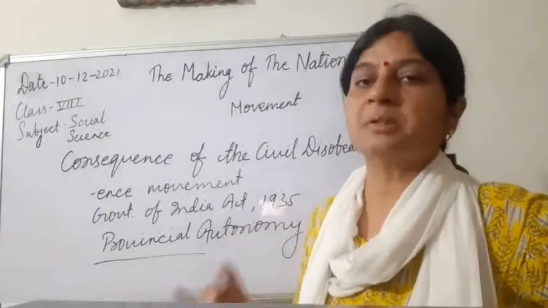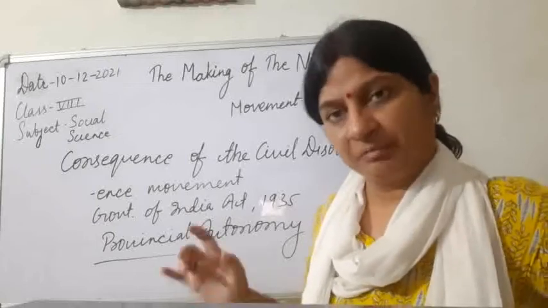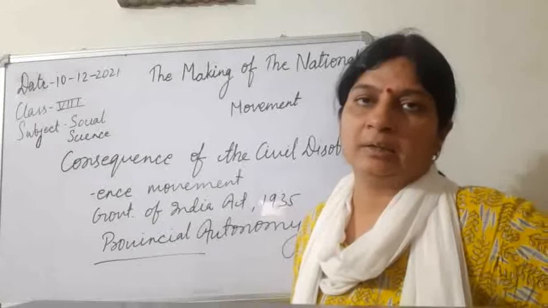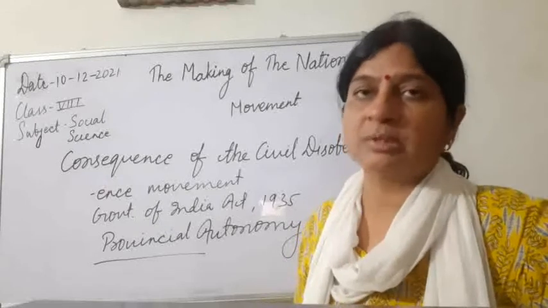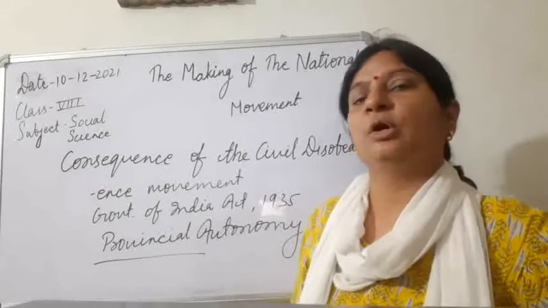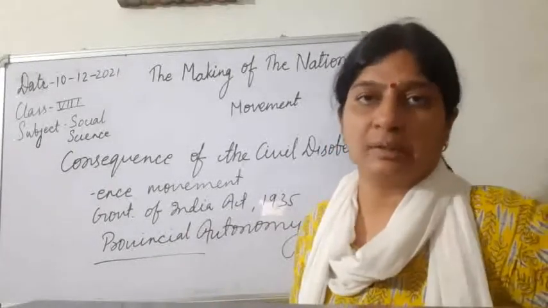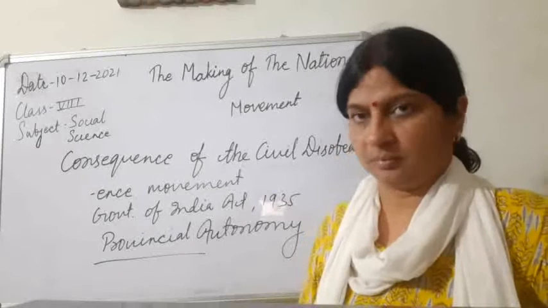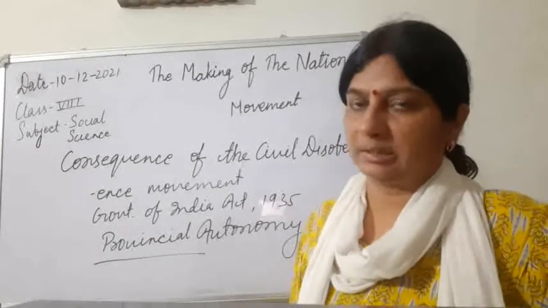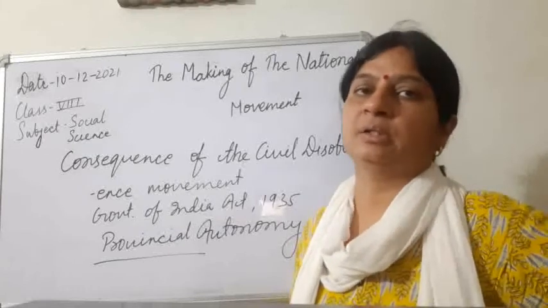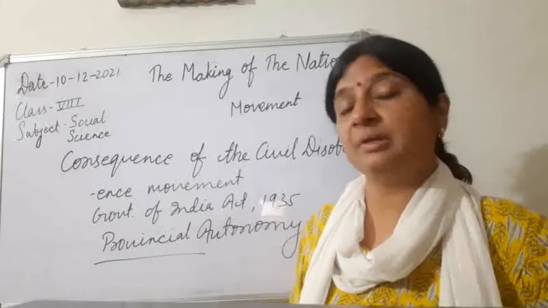In some respect they were given freedom, which is called provincial autonomy, है ना. And the government also announced that elections for these provincial legislatures will be held in 1937, and it held also. In 1937, elections were held for provincial legislatures, and we find that the Congress formed government in 7 out of 11 provinces.